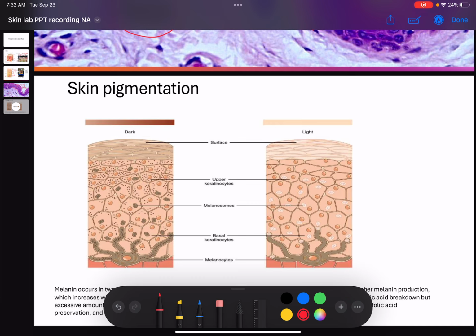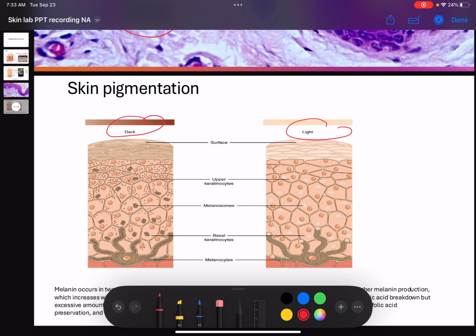So you can see here the light shade skin, they have melanocytes. The production, you look at this one compared to the darker skin shades, you can see a lot of melanin is produced and accumulates in the keratinocytes.